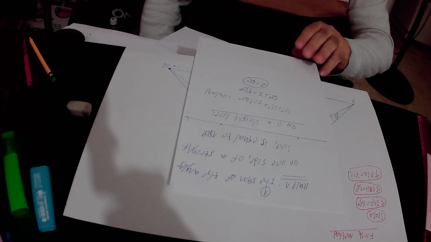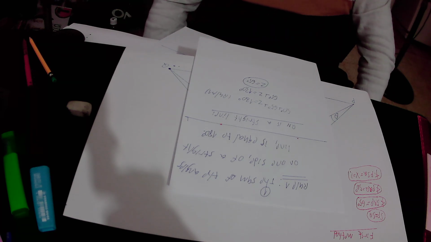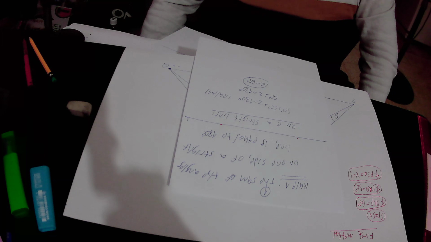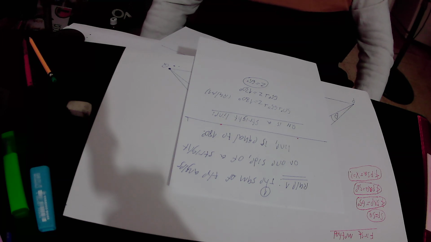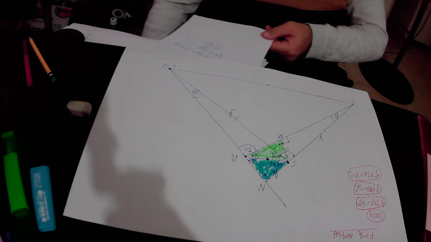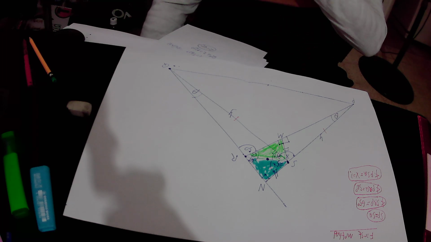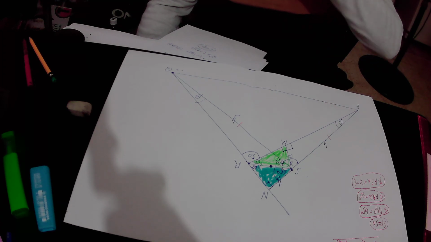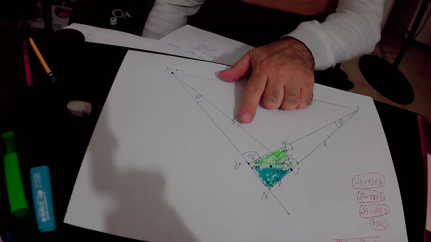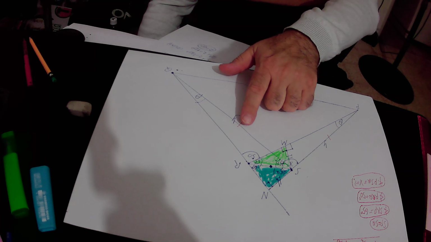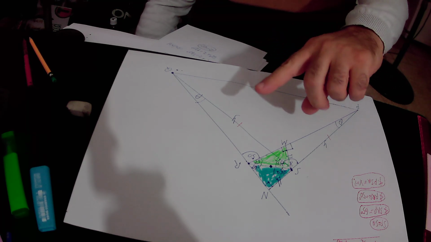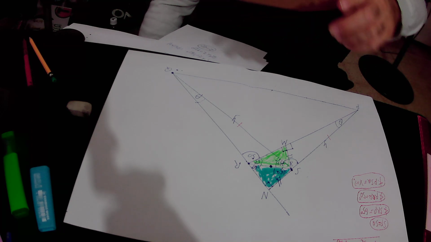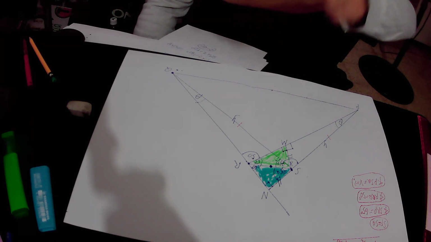Rule number one states that the sum of the angles on one side of a straight line is equal to 180 degrees. Okay, so here QR is one side of quadrilateral SRPQ, therefore it must be a straight line.